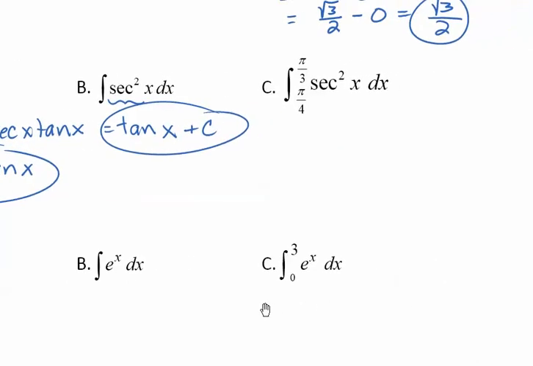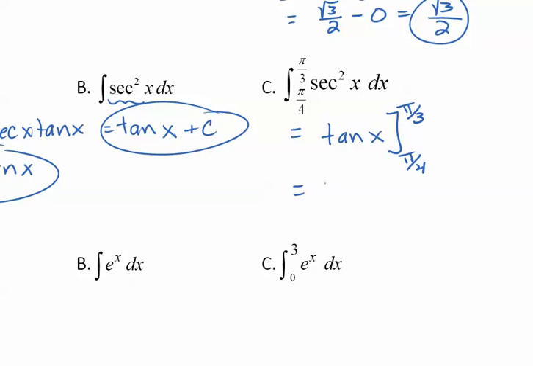And then when we evaluate it as a definite integral, we're going to evaluate tangent of x from pi over 4 to pi over 3. So we want the tangent of pi over 3 minus the tangent of pi over 4.